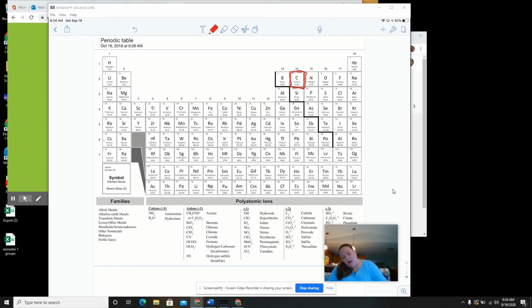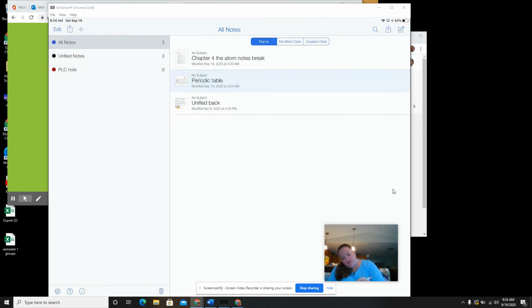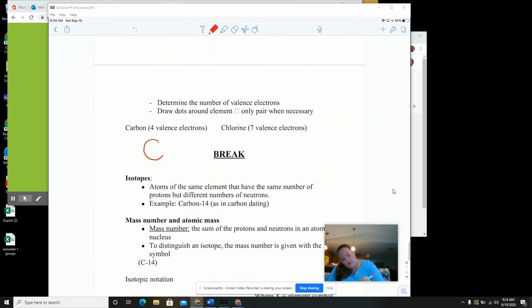I've got 6 protons, 6 neutrons. The first energy level has 2, and then the last energy level has 4 dots to it, okay? Those 4 dots in this energy level are the most important.